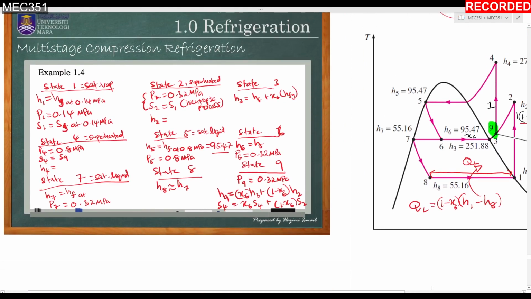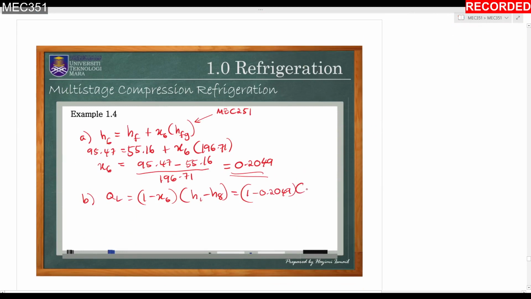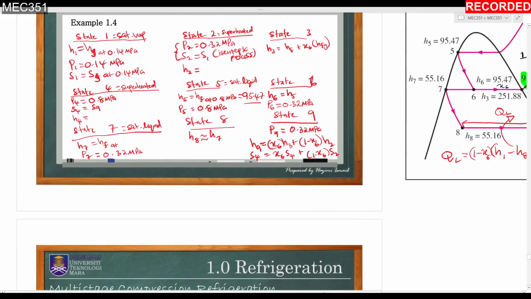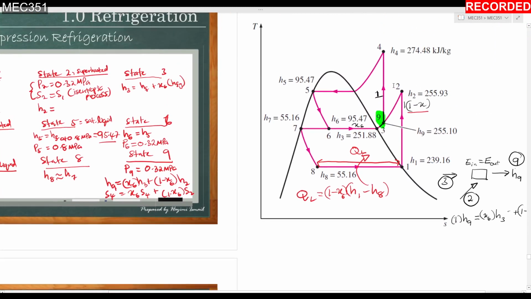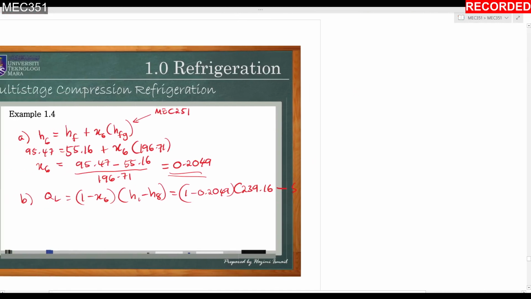Okay, 239.16 minus H8. H8 is 55.16. So QL equal to, okay, this is the unit in kilojoule per kilogram, and for the fraction we don't have unit, so the unit will remain kilojoule per kilogram.